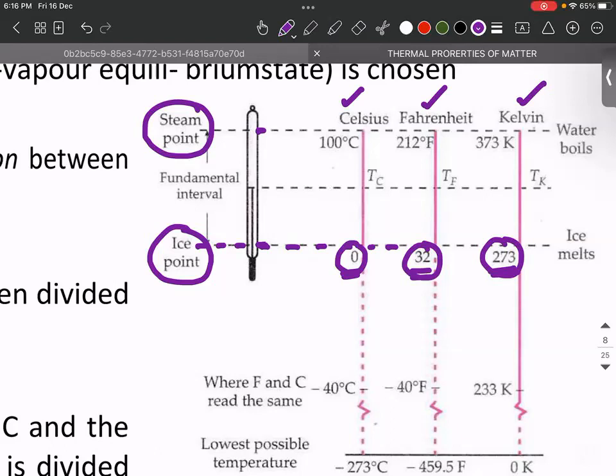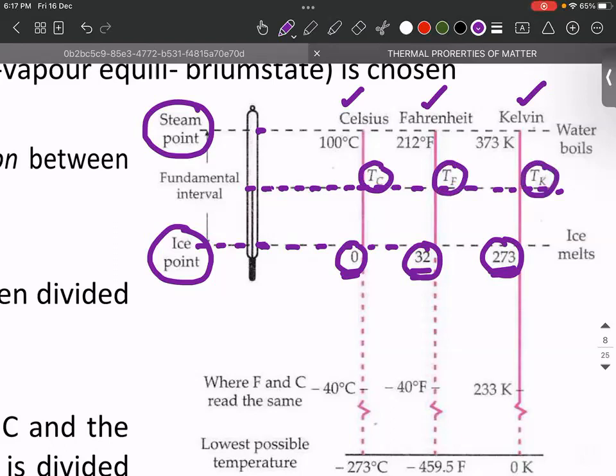Now, what I'm trying to tell here is, see, suppose I take some line here, and let's say at this line, the temperature in the Celsius scale is Tc. The temperature in the Fahrenheit scale is Tf, and the temperature in the Kelvin scale is Tk.